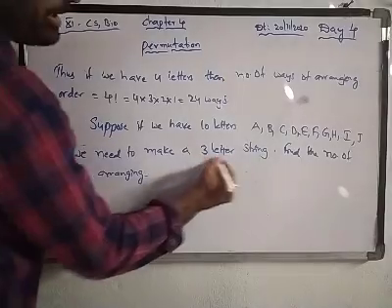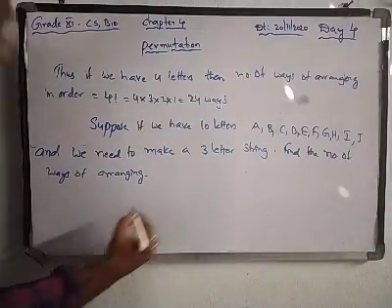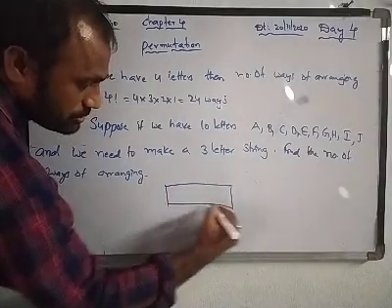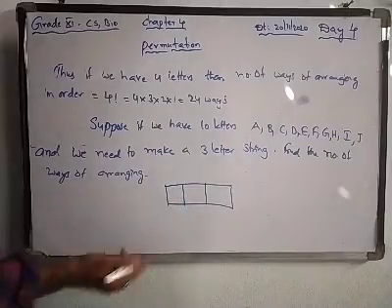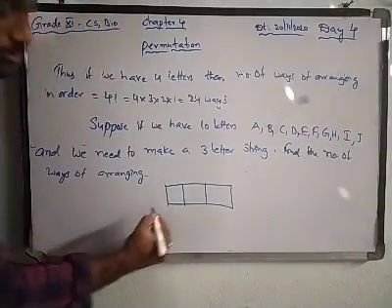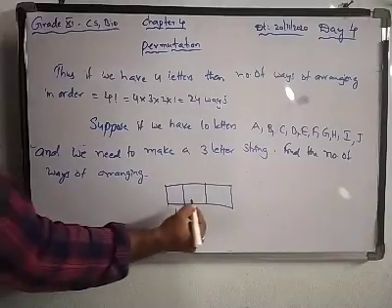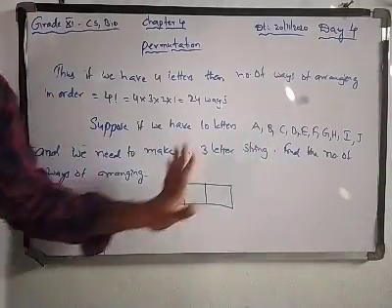Since we have a 3-letter string and 10 letters, suppose 3 places: 1, 2, 3. In the first place I can put all the 10 letters, so it will be 10. Next, in this case no repetition is allowed.